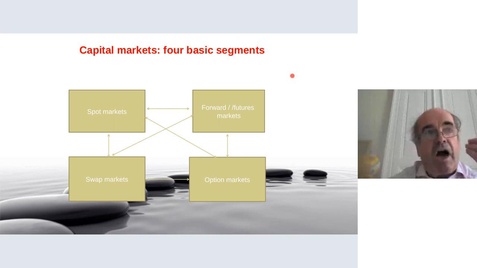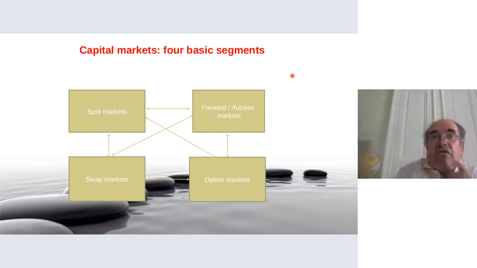Okay? An option is different from a forward, because with a forward you are engaged, you are obliged. If you buy euro dollar at 1.20 for 6 months, you are obliged to buy the euro at 1.20.